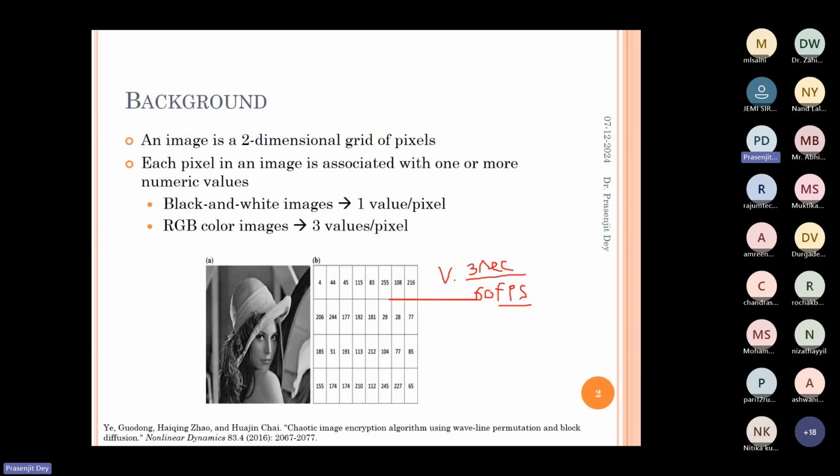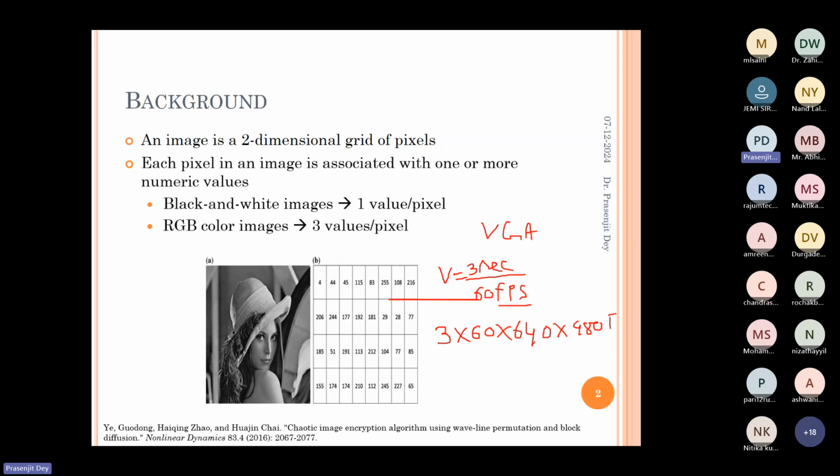And if I consider a video of 3 seconds, then it will have 3 into 60 images, and if the video is VGA, where the resolution is, as I discussed earlier, 640 cross 480, then this is the amount of computational memory required to store the video.